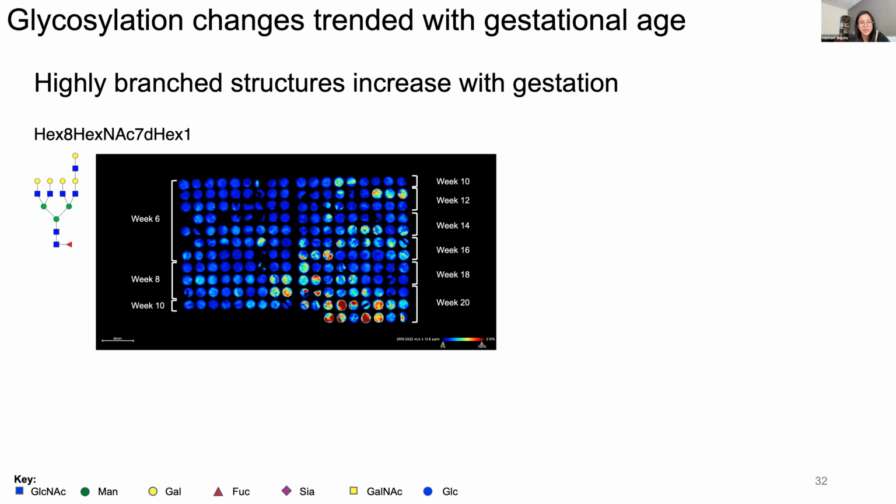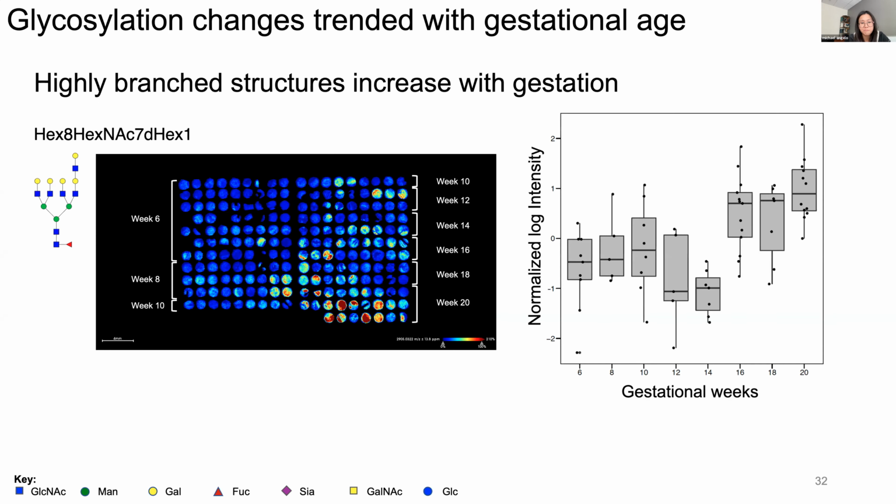This is an intensity heat map where regions in red have higher intensities than regions in blue, and this glycan is enriched closer to week 20. Representing this in a box plot, on the y-axis is the intensity, and the x-axis is the gestational weeks, and each point is a sample. And we can see again that this glycan is increasing with gestational age.